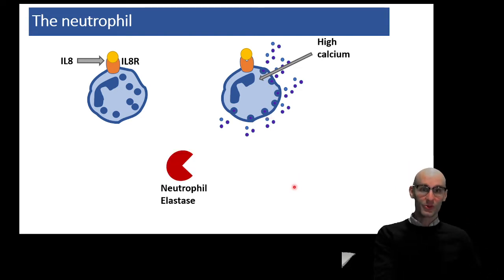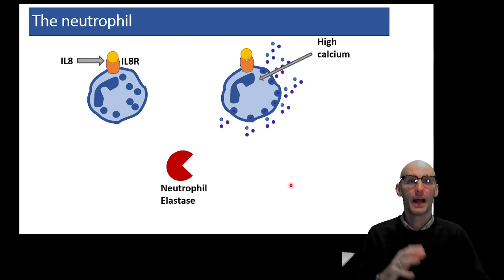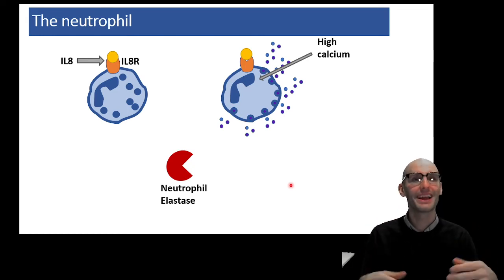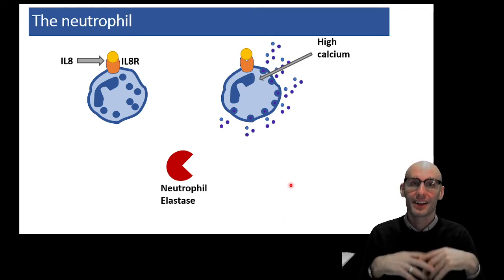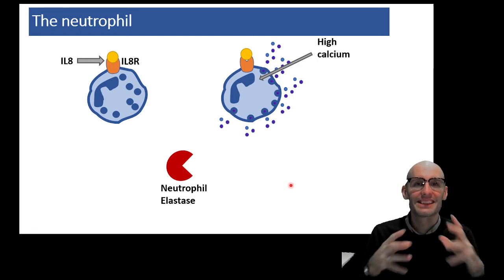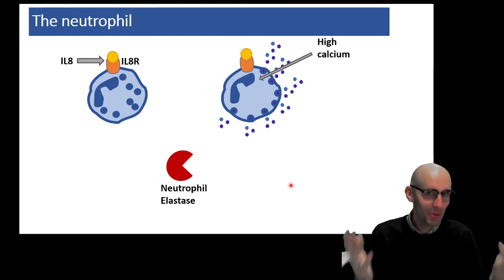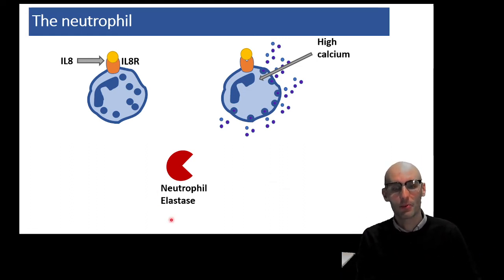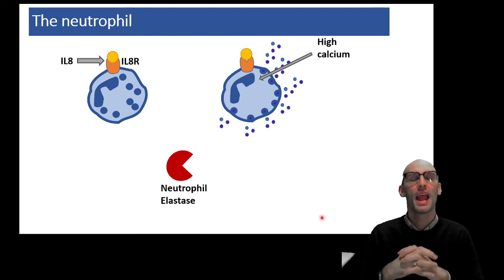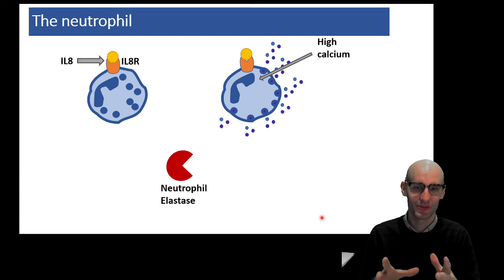What's in those granules? Well, in those granules are non-specific toxic compounds, so cytotoxic proteins and compounds designed to kill pretty much everything. One example of this is neutrophil elastase. This is a protein and an enzyme, and it's packed into those granules.